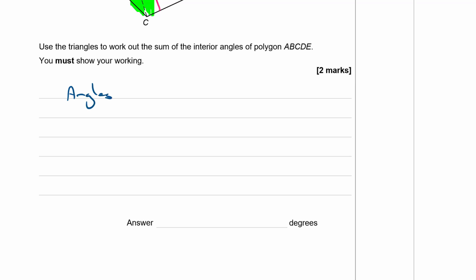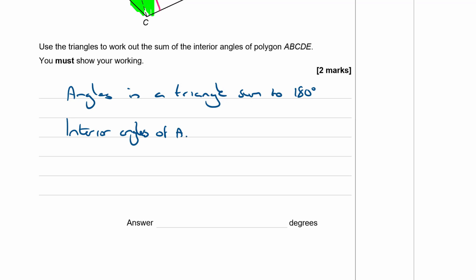Angles in a triangle sum to 180 degrees. So interior angle of ABCDE equals 3 times 180, which is 540 degrees.